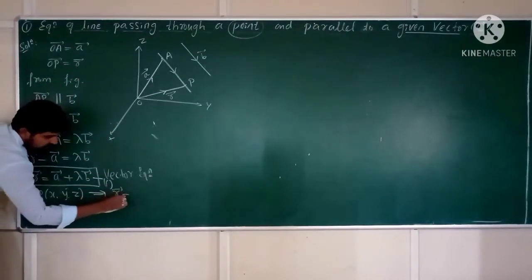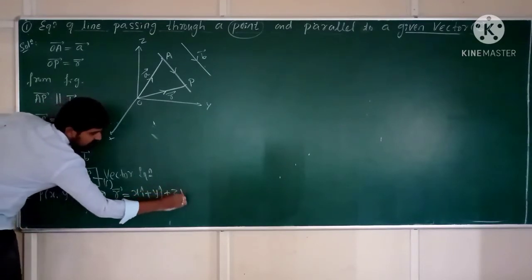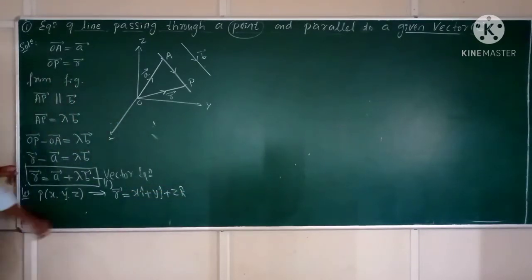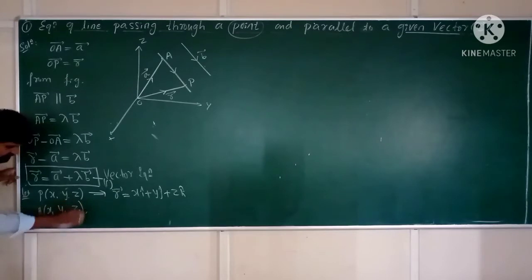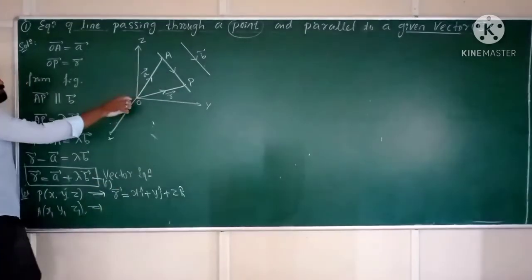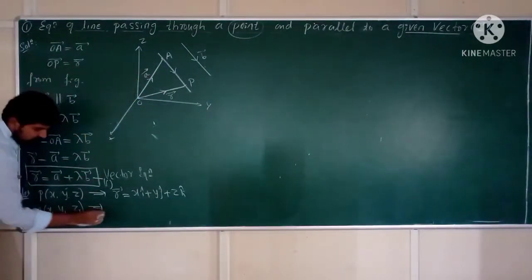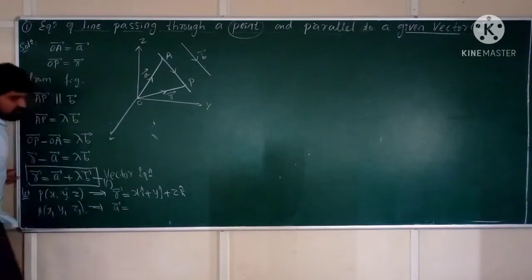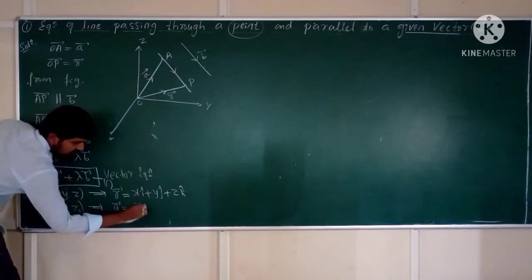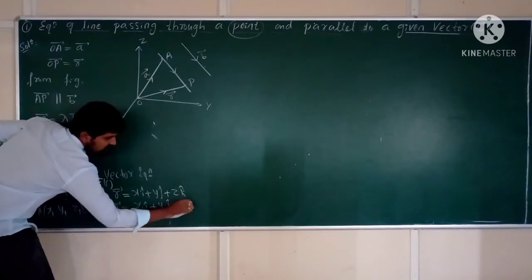Therefore, R vector equals xi plus yj plus zk. And let the Cartesian coordinates of the point A be x1, y1, z1, so the position vector of the point A is OA vector, defined by A vector. So vector A equals x1i plus y1j plus z1k.